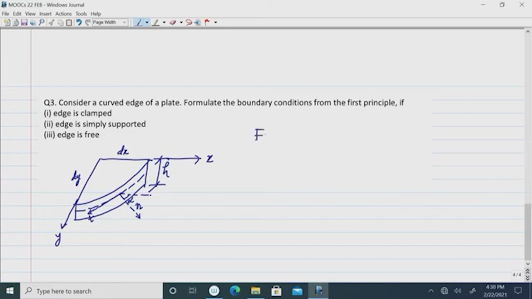For a clamped edge, there is no difficulty. For a clamped edge, we have w equal to 0 and del w by del n equal to 0.